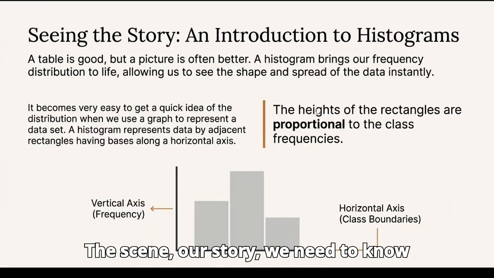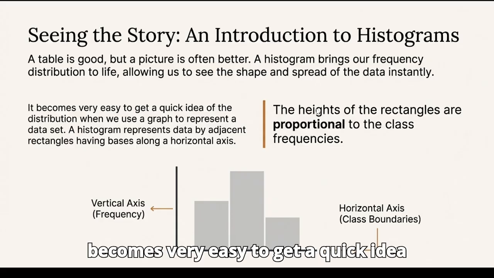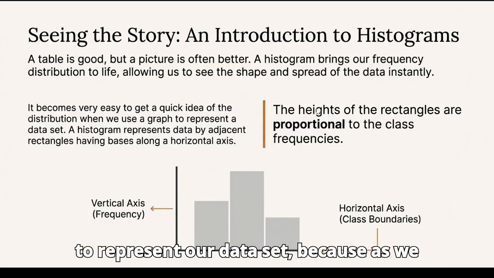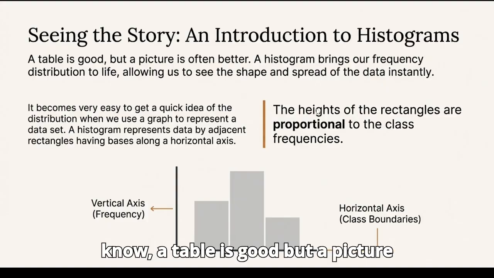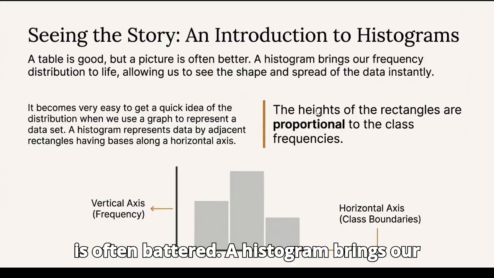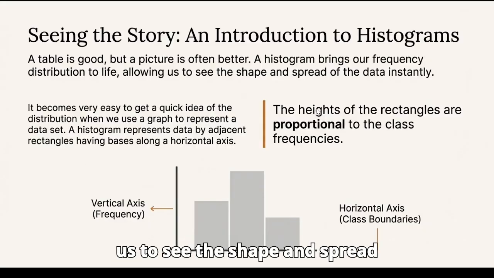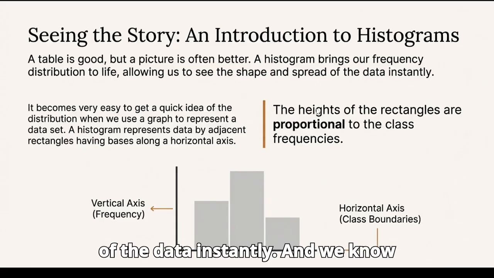Now, seeing our story, we need an introduction to histograms. It becomes very easy to get a quick idea of our distribution when we use a graph to represent our dataset. Because as we know, a table is good, but a picture is often better. A histogram brings our frequency distribution to life, allowing us to see the shape and spread of the data instantly.